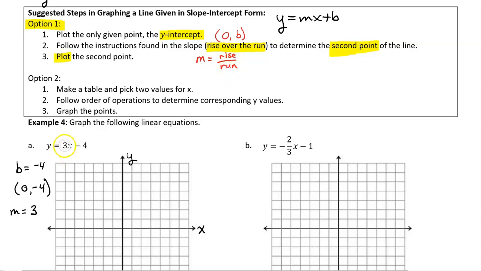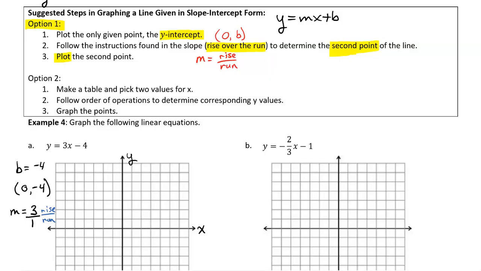In front of the x is just the 3. That's the m spot. It's only a 3. Where's the fraction in that? It's a whole number, but I can make any whole number into a fraction by putting it over 1. And then we can see our rise over run.